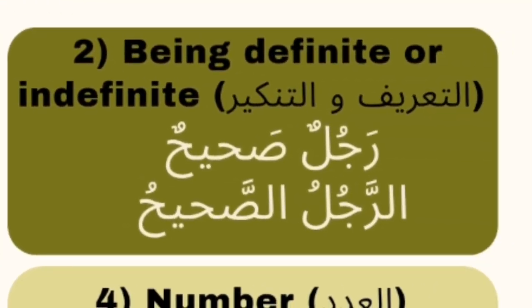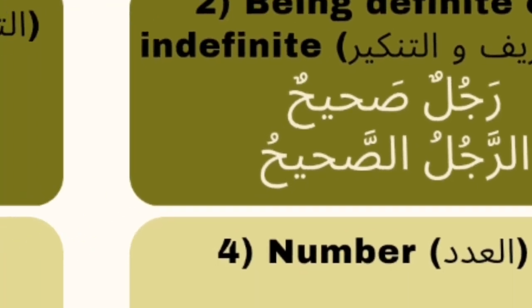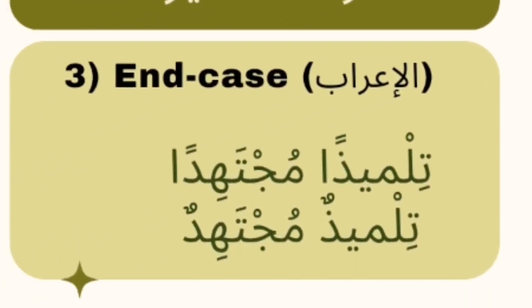Moving on, second being definite or indefinite, at-ta'rif wa at-tankir. Rajulun sahihun, ar-rajulu sahihu. In the first, there is no alif lam as the first word is indefinite, the second is also indefinite. Ar-rajulu sahihu, the first is definite by alif lam, the second is also definite by alif lam.